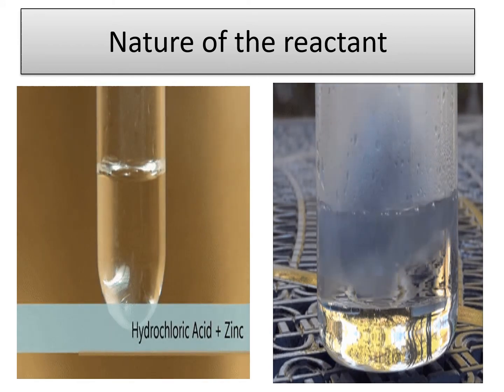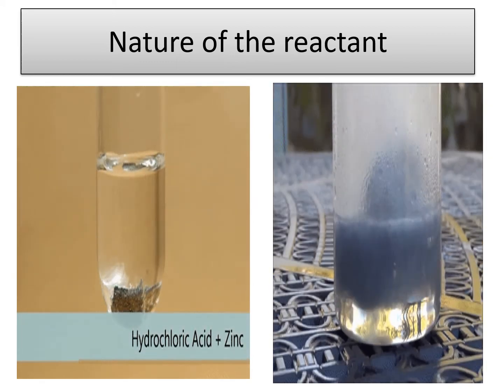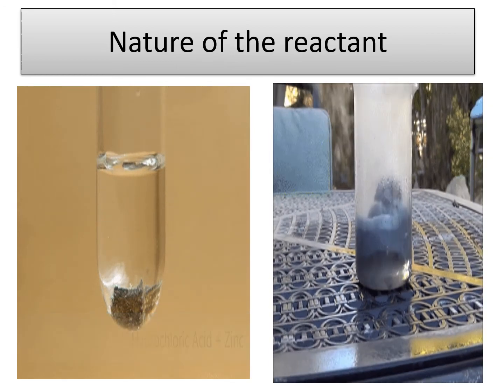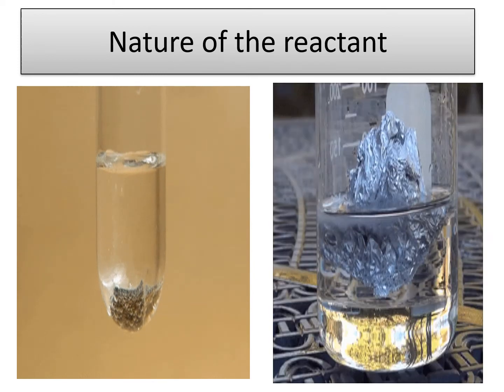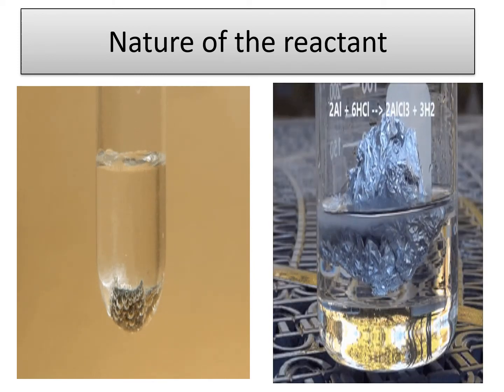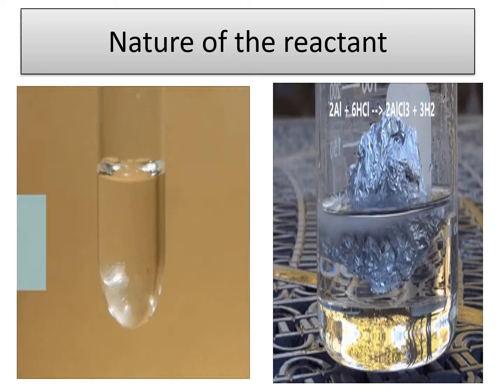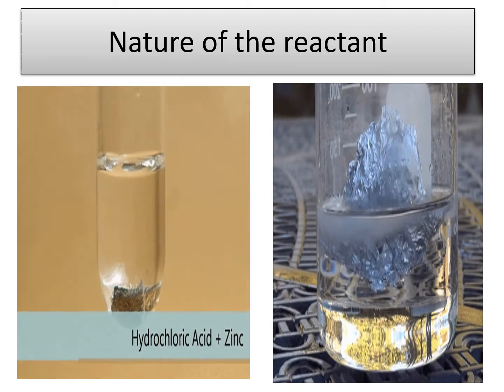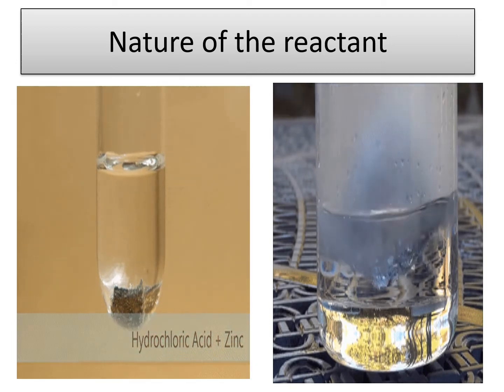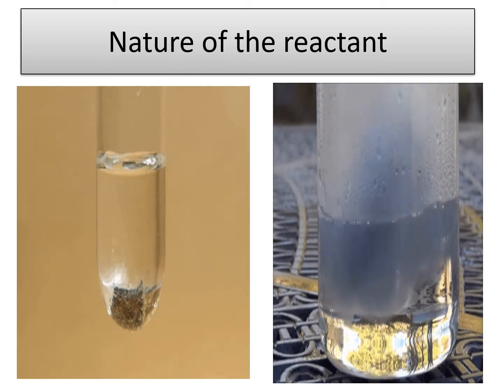Aluminium is more reactive than zinc, and that is why the rate of reaction of aluminium with hydrochloric acid is higher than that of zinc. The nature or the reactivity of reactants influences the rate of a chemical reaction.